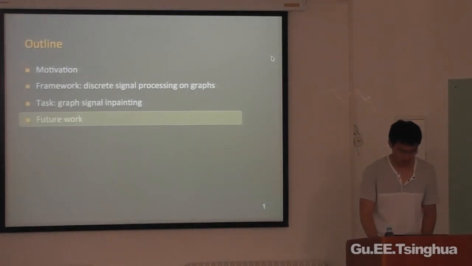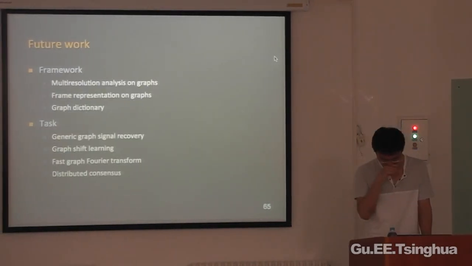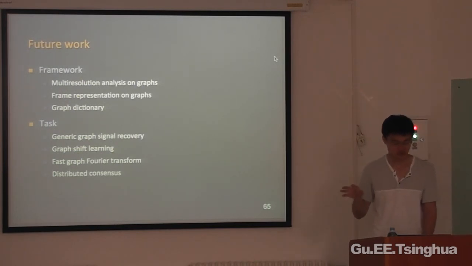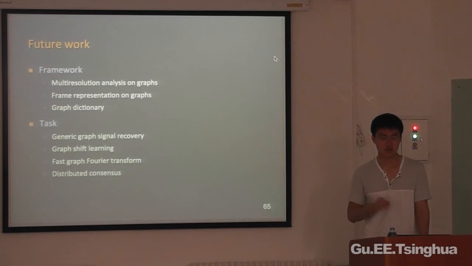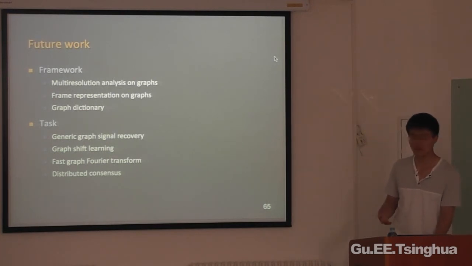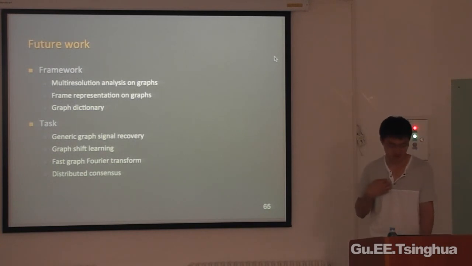So a little bit about future work. Like I said, there are two things we want to focus on. One is the theoretical framework, and the other is specific tasks. There are lots of things to do in both. From the theoretical framework side, we want to do multi-resolution analysis, frame representation, and graph dictionary.